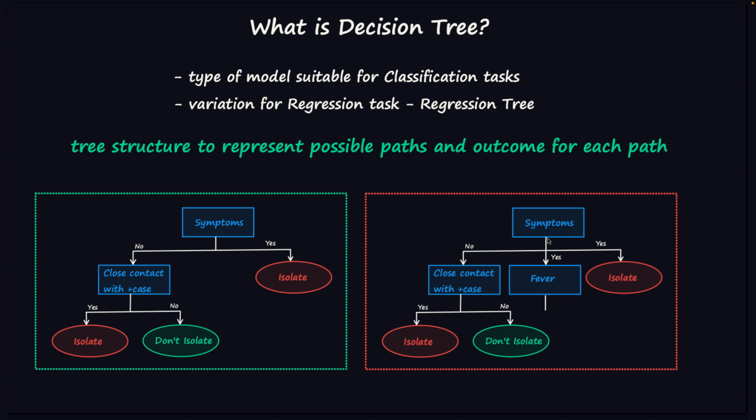If the patient doesn't have symptom, then we have just one path to follow. But if the patient does have symptom, then at the same level, we have two options, which means this is not decisive. We can't choose one over the other because both of them are applicable if the patient has symptom. So this type of tree is not a valid tree because they don't have decisive paths.